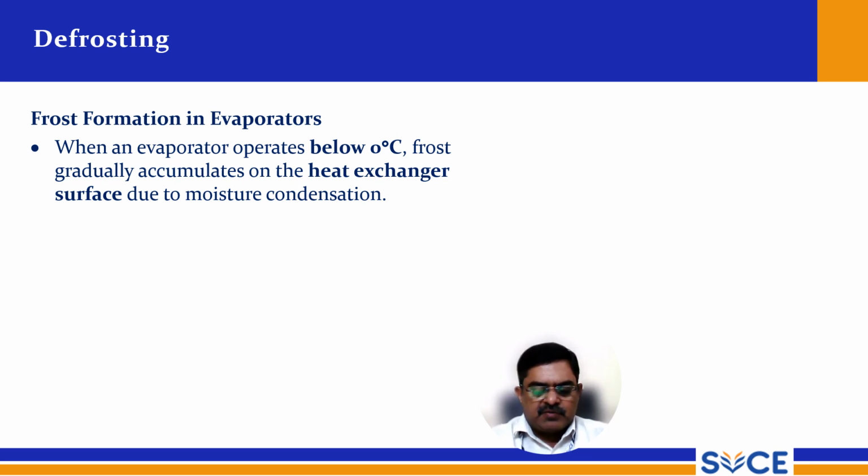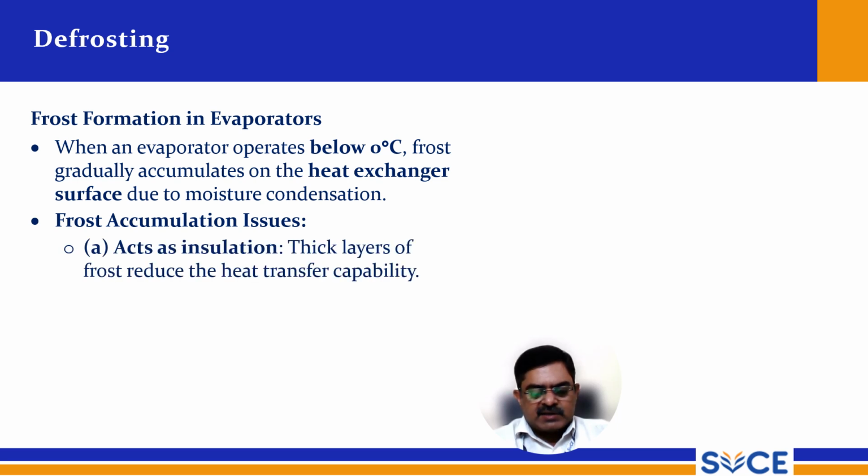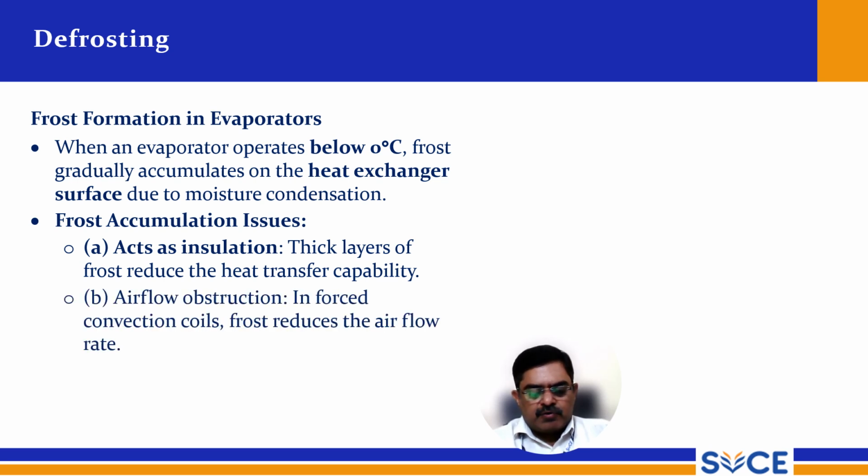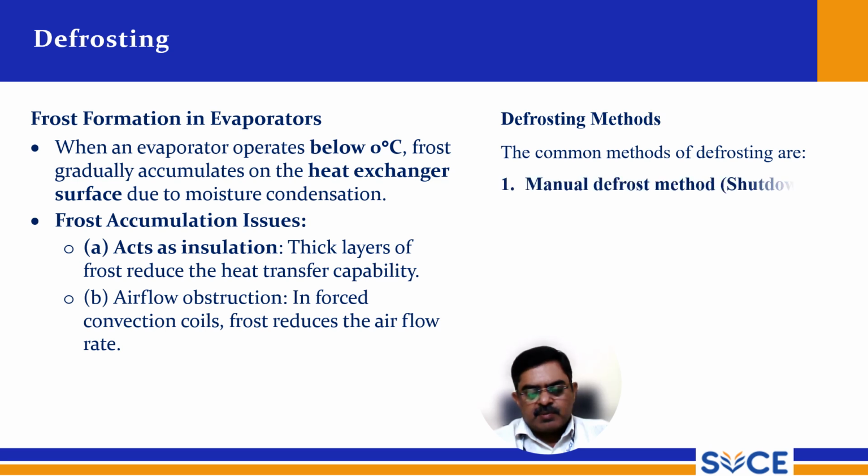Even in the freezer box of a domestic refrigerator, frosting normally takes place because it always goes below 0 degrees Celsius. Frost accumulation acts as an insulation. Thick layers of frost reduce the heat transfer capability. Airflow obstruction: in forced convection coils, frost reduces the airflow rate.